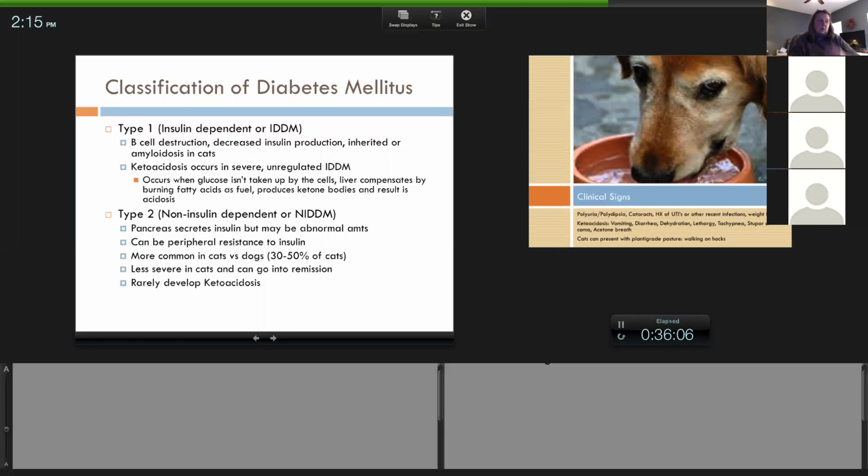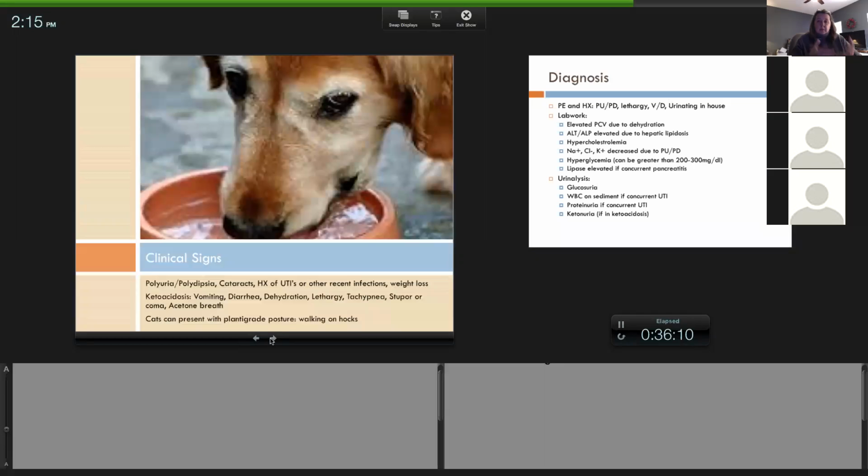So it kind of depends at what stage, but some diabetes symptoms, and sometimes, again, these are kind of nondescript, are polyuria and polydipsia. I think I told you guys when I talked about PUPD, it's a symptom of about 50 diseases. But the problem in diabetes is that when they have elevated blood sugar, it makes them feel thirsty.